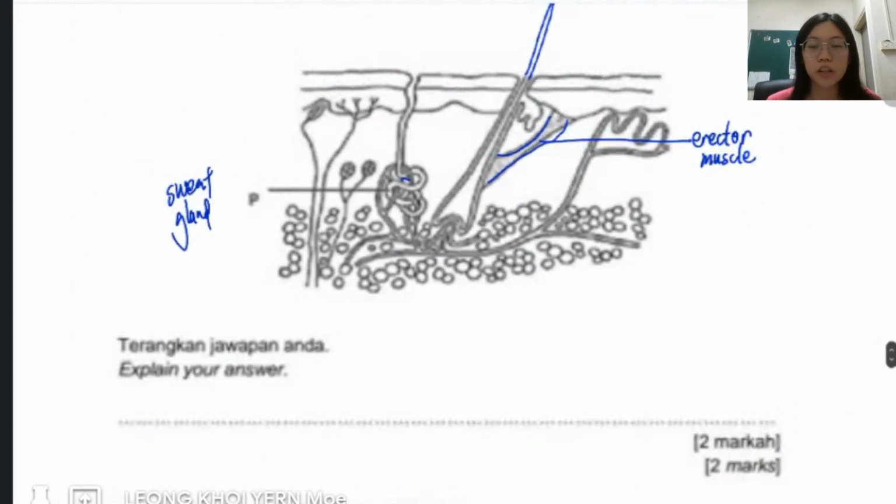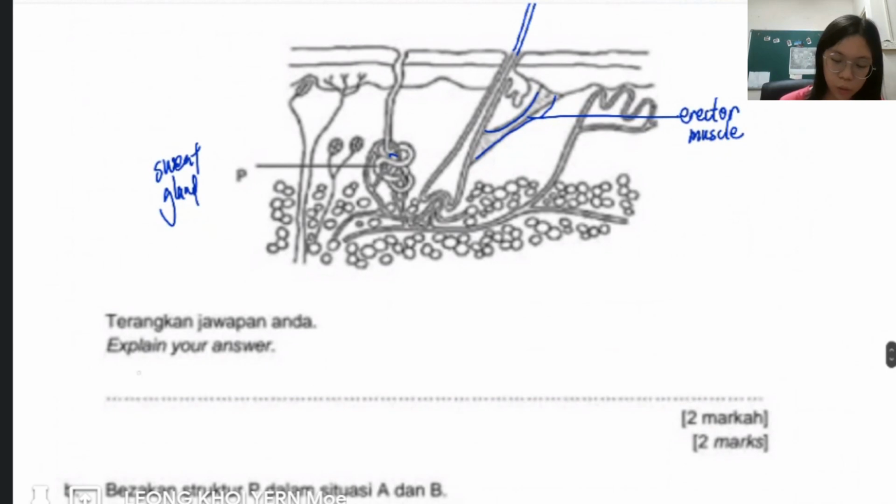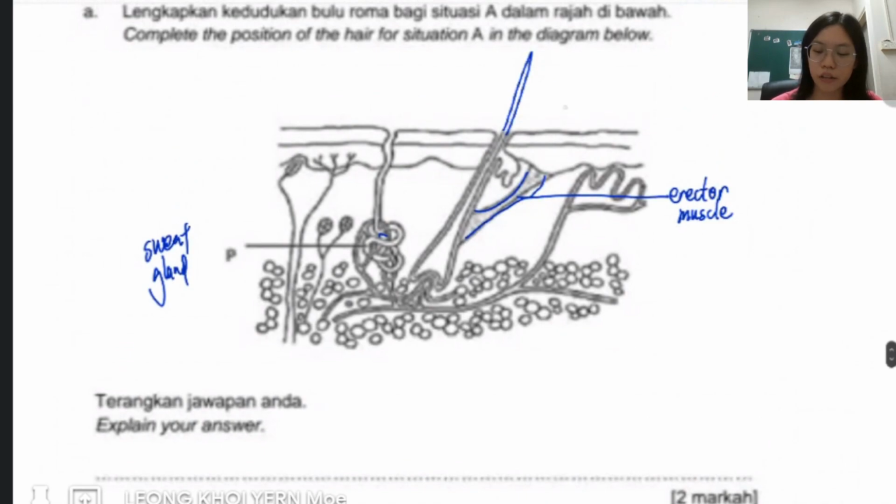To explain your answer, relate it to the erector muscle that causes the hair to stand erect. A muscle either contracts or relaxes. In a cold situation, your fine hair has to stand erect so that when all the fine hairs stand erect, they trap the air.